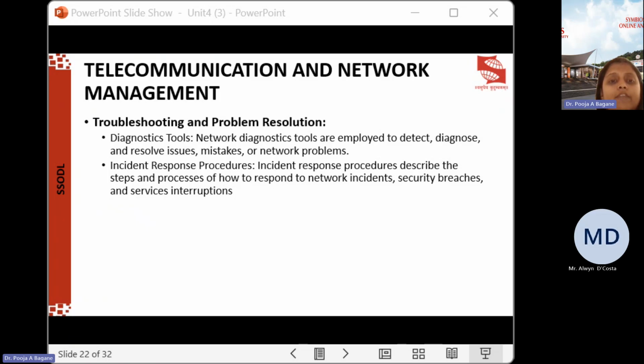Effective response procedures help ensure minimum interruption during a service disruption by reducing data loss and minimizing financial and image damage. That is the use of an effective incident response procedure.